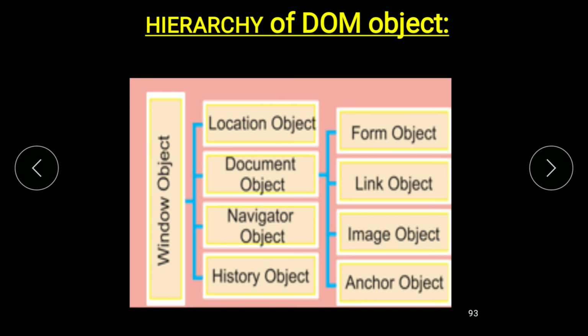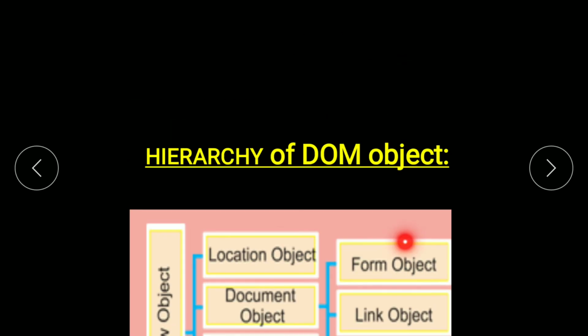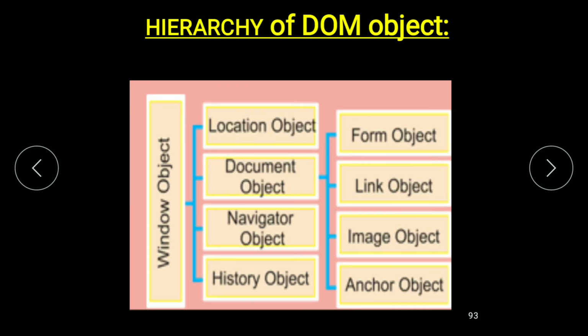In the document object there are the form object, link object, image object, and anchor object. There are lots of objects. So this is the DOM hierarchy: the parent is the window and the others are children of that window.